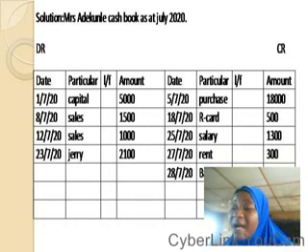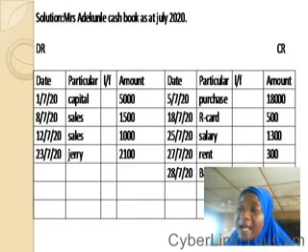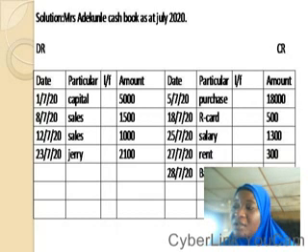If you have columns for cash and bank, then you prepare double column, but today we are dealing with single column alone. Your table will include date, particulars, ledger folio, that means the folio number of where she is bringing the account from, then amount.